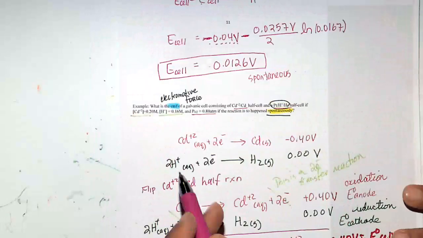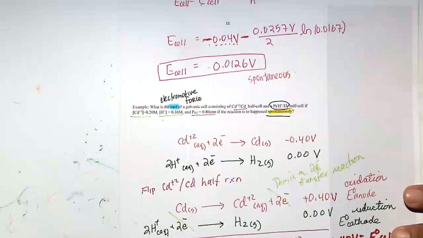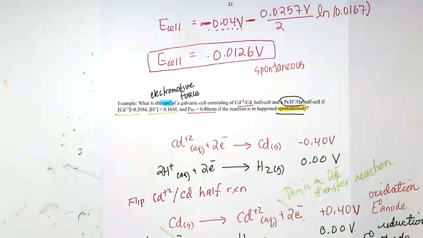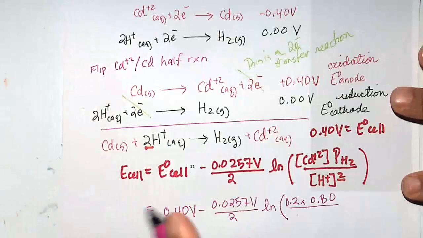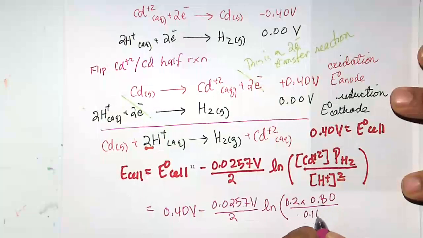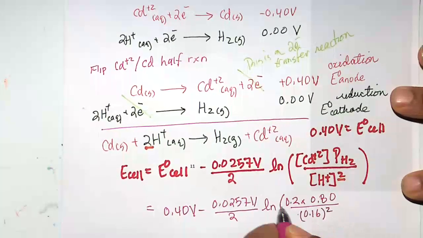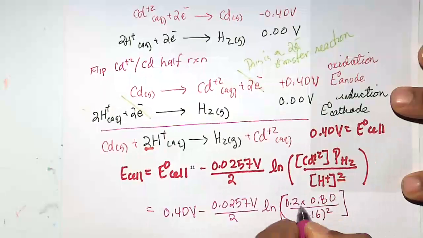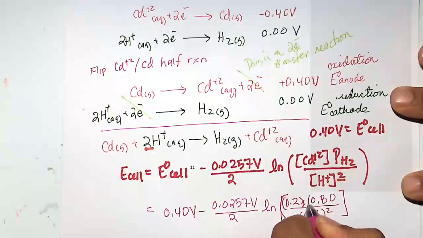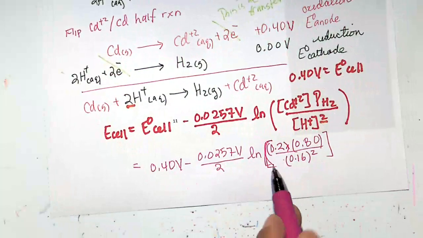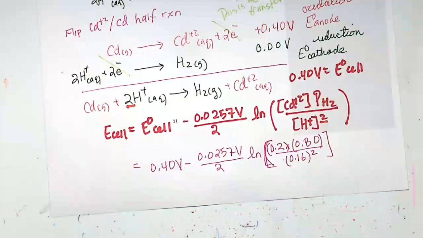And what's the concentration of hydrogen ion? 0.16. We have to square it. Products over reactants. We never put solids.